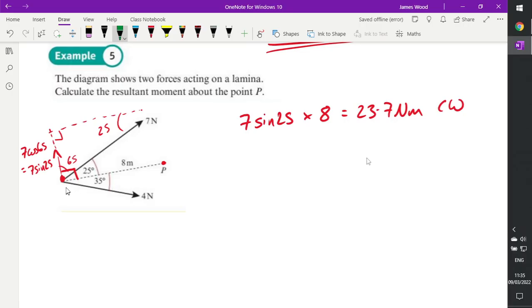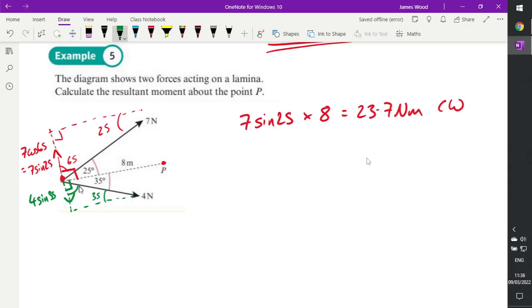Let's do it in a different color. We've also got this force here. So if I'm looking for this component here, so we get a right angle in here between the distance and the force. So if this is 35, we could say that this angle here is 35. It's like a Z angle. So this is then 4 sine 35. Okay.